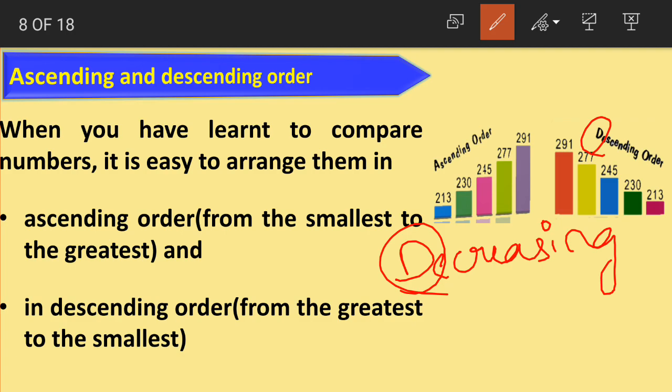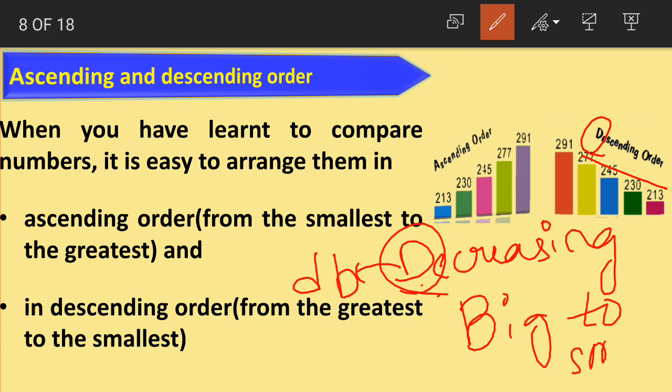Or you can say, most children get confused between D and B. So you can say descending order means we have the big number at first, big to small. D and B are quite similar. So in descending order, we write the numbers from big to small.